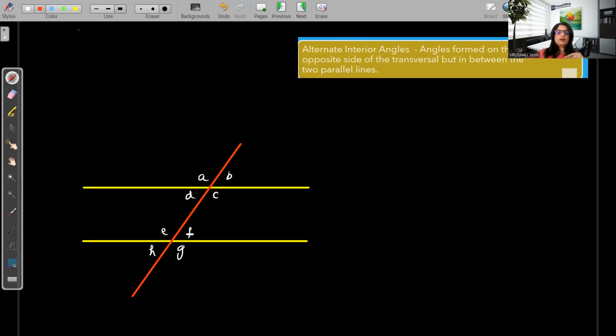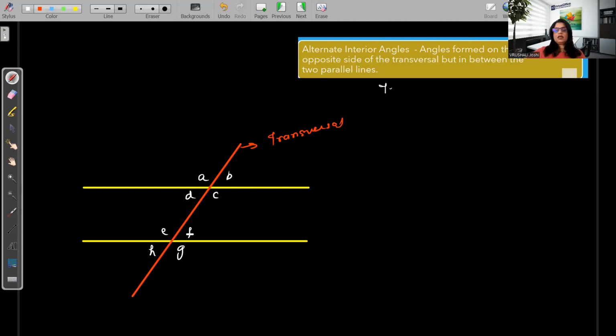Which is the transversal? This is the transversal. And where are they? They are on the opposite side. That means we are talking about which? They are talking about these two. And we are talking about these two. Correct? We are talking about these angles. So alternate interior angles. What's the main property of alternate interior angles?